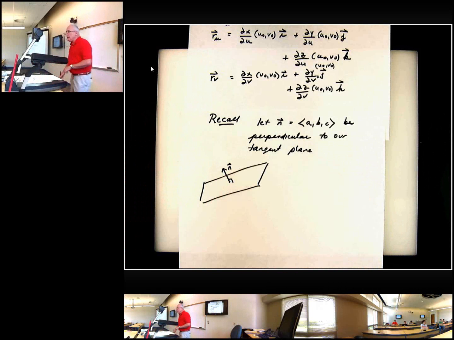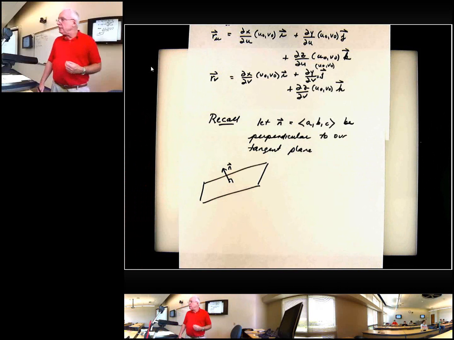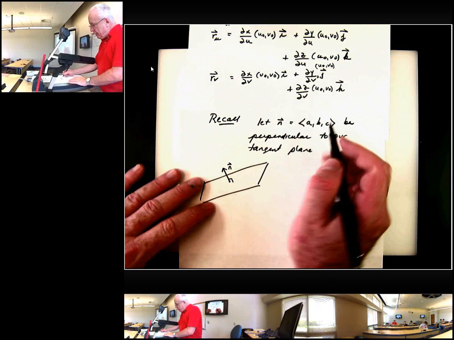Now, from this, we can get the equation of the tangent plane.